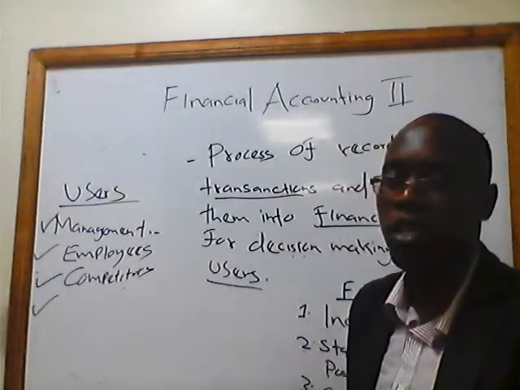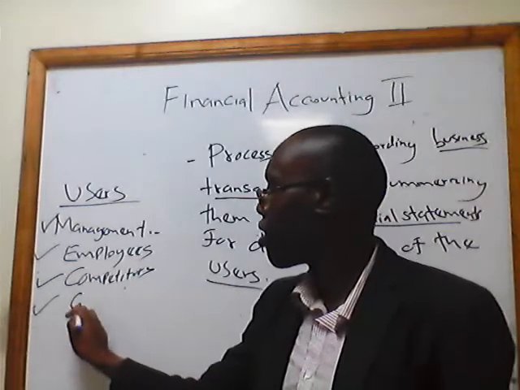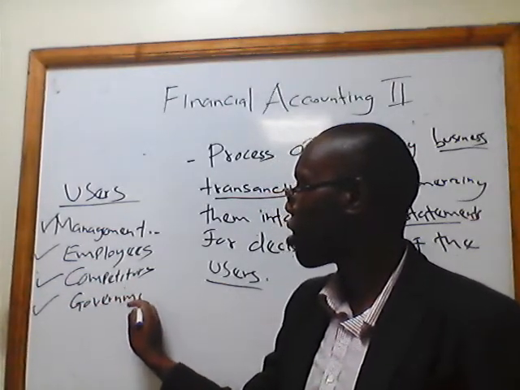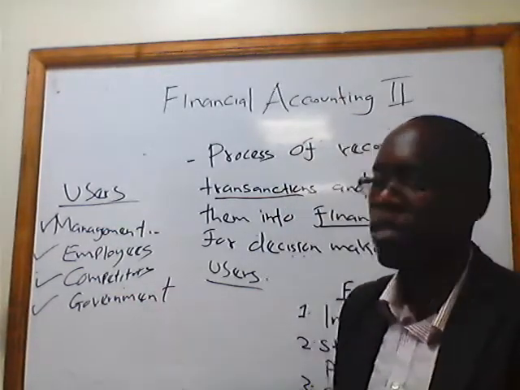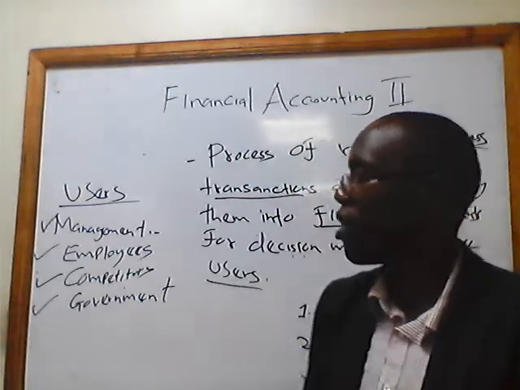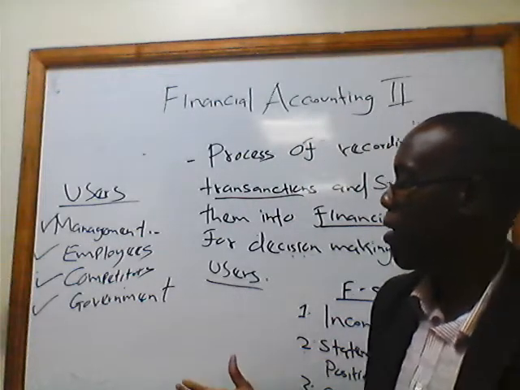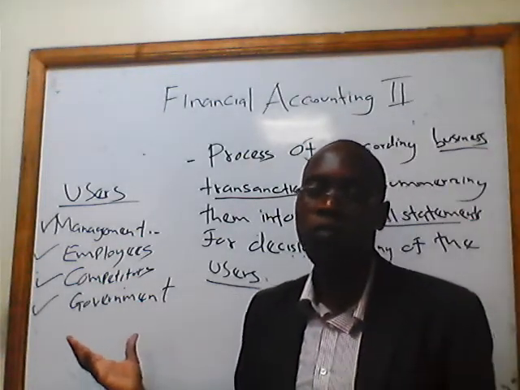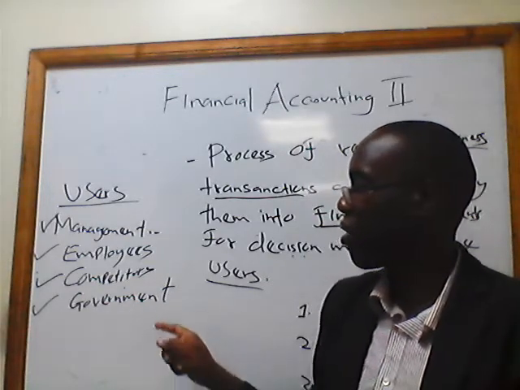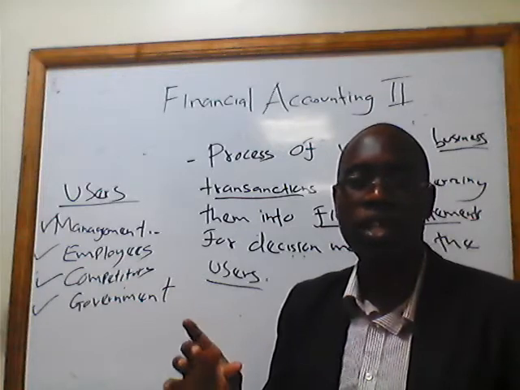And then another kind of user is the government. The government is going to be interested in the financial accounting information, and it has two purposes for it. The first one is tax.